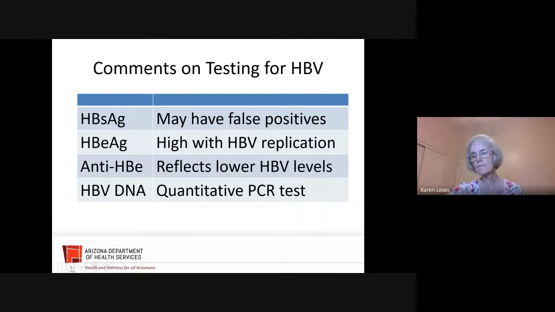Now, there are some caveats with any clinical testing. Every once in a while, a hepatitis B surface antigen could be a false positive, and so laboratories do a confirmatory test if that turns out positive. I mentioned e antigen being high with active hepatitis B replication. The anti-hepatitis B e antibody reflects lower viral levels. There is also a PCR done for quantitative measuring of the virus.